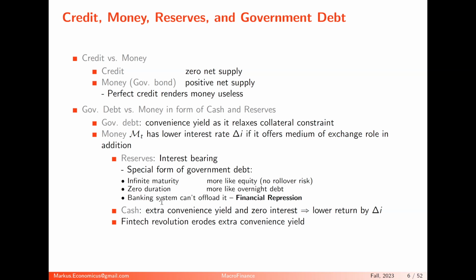So if the central bank says this amount of reserves is put in the system, the banks have to hold it. And there could be financial repression to force the banks to hold reserves at a very low interest yield. Cash, especially, pays no interest at all.